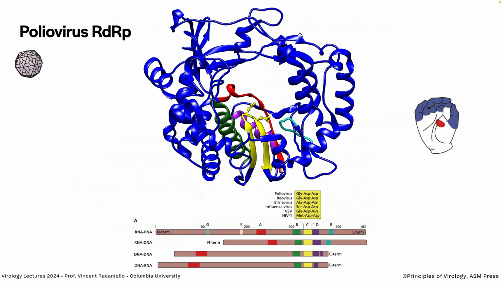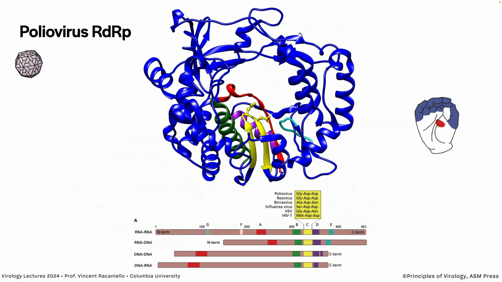The 2 amino acids whose side chains are shown as balls and sticks are the 2 aspartates that coordinate those magnesiums, and they're completely required for catalysis. If you change one of those to something else, the polymerase is inactive, just 1 amino acid change. So that's where the catalysis happens.